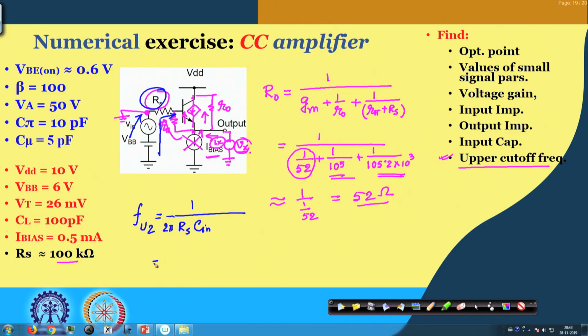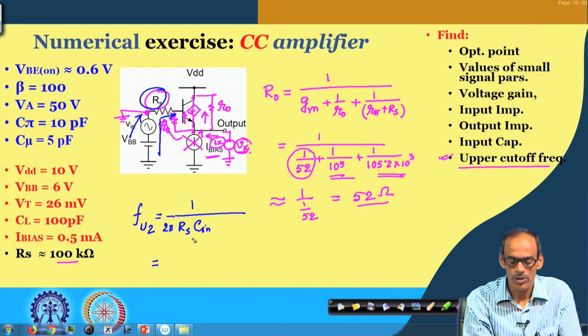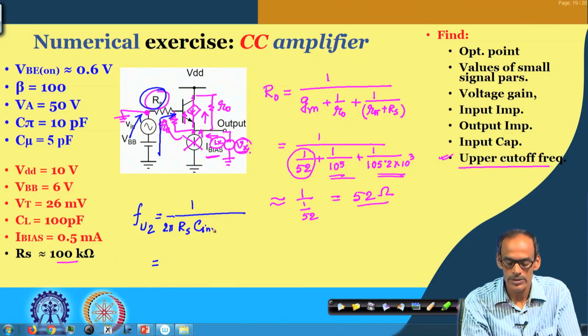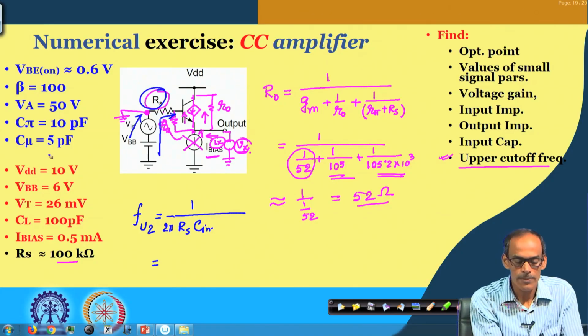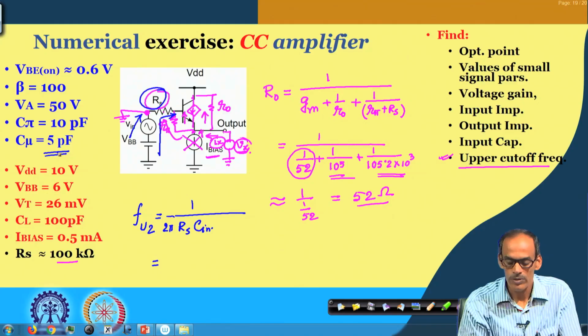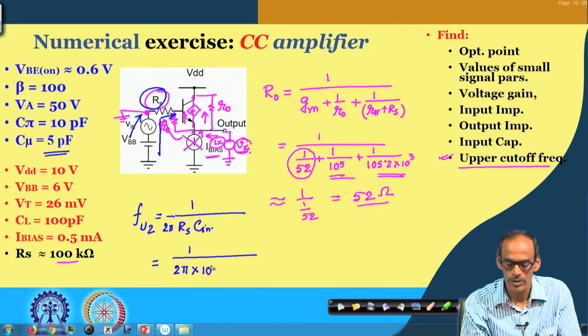Predominantly, since Cin is coming from C mu, this is 1 divided by 2 pi, then Rs is 10 to the power 5, and Cin is 5 into 10 to the power minus 12.